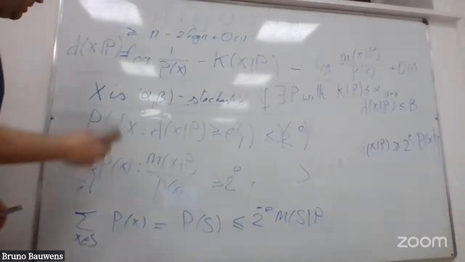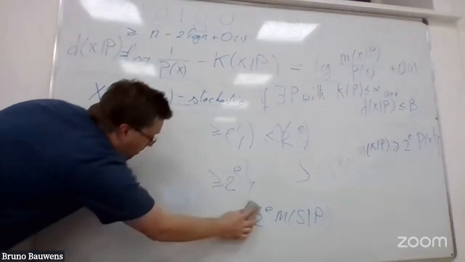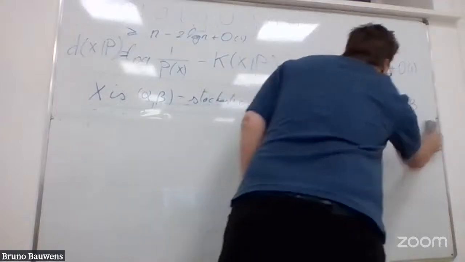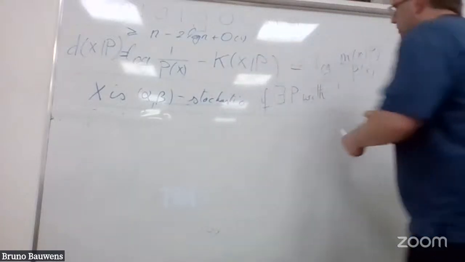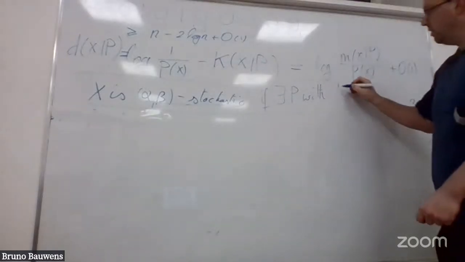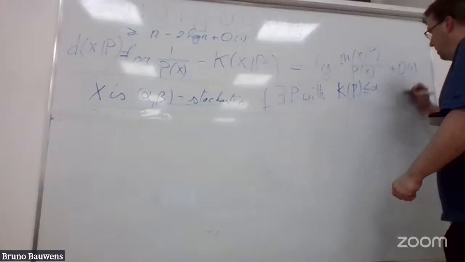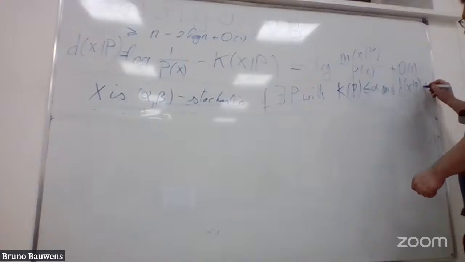So every string is, oops, sorry, I didn't state the definition. Small alpha and deficiency of x smaller than beta.